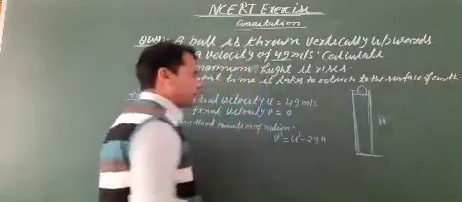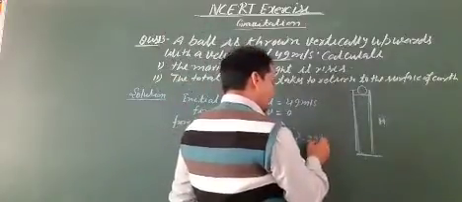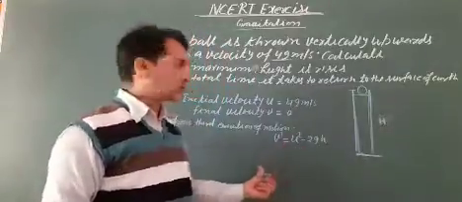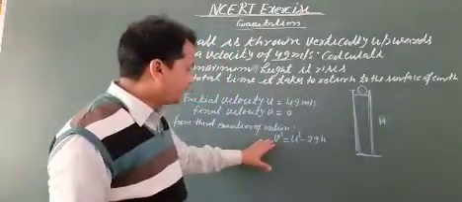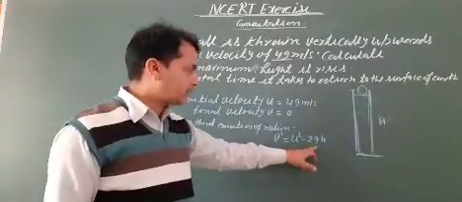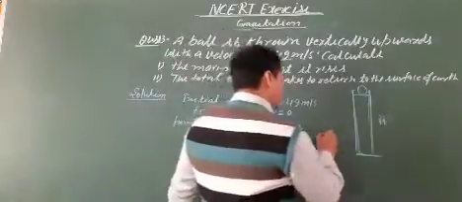The negative sign indicates that the acceleration due to gravity is in the opposite direction. So here v square equals u square minus 2gh, where v is the final velocity, u is the initial velocity, g is the acceleration due to gravity, and h is the maximum height the ball reaches.